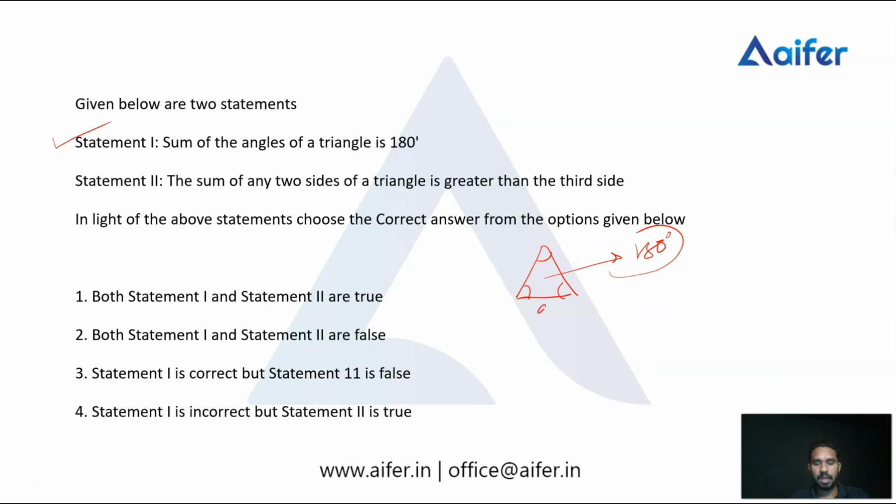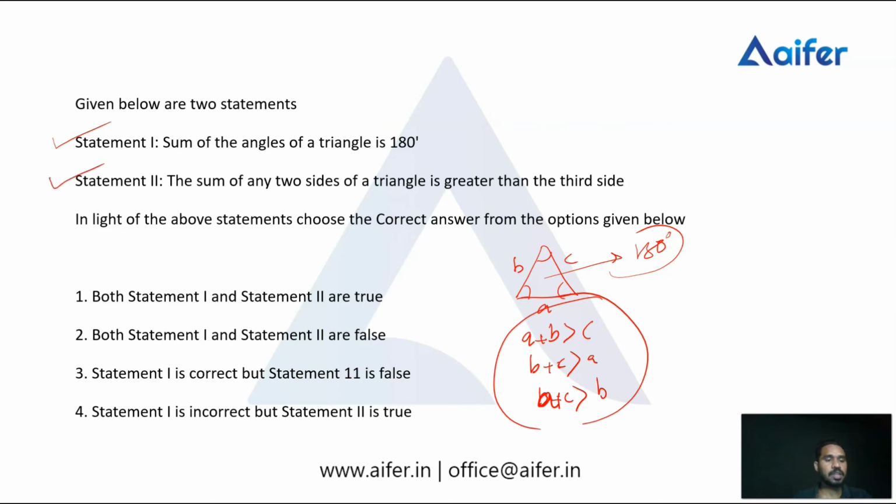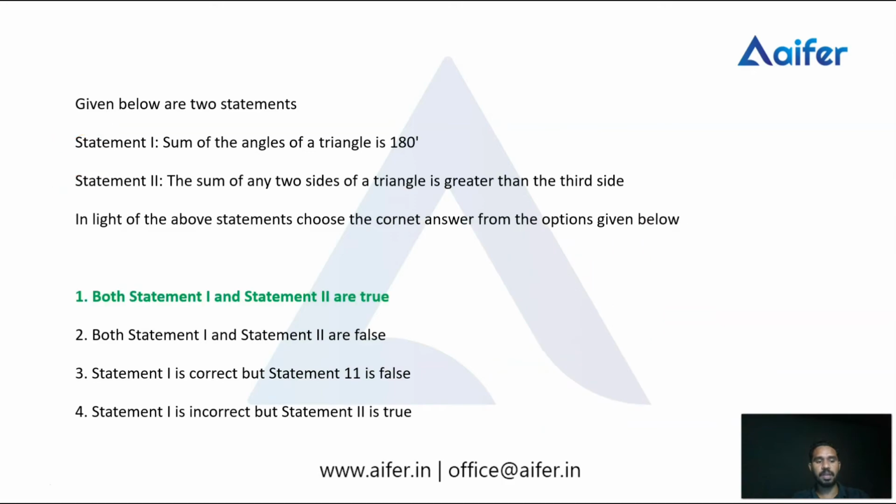If there is a triangle with sides A, B, C, then A plus B should be greater than C, B plus C should be greater than A, and A plus C should be greater than B. So according to this, statement 2 is also correct. So in this case, both statements 1 and 2 are true. So our option is option A: both statement 1 and statement 2 are true.